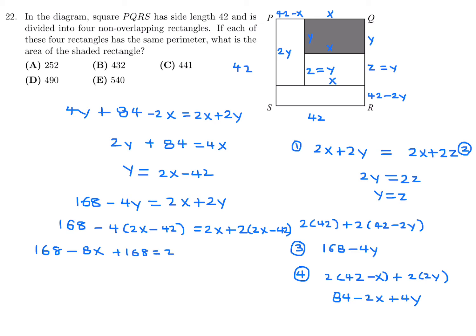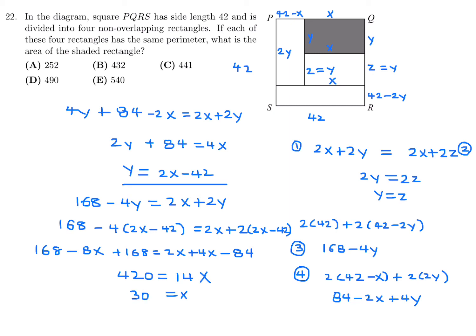And then this is 2x plus 4x minus 84. Put all the x's on one side, and that's going to be 14x. And then these numbers all add up to 420. And therefore, x is equal to 30.